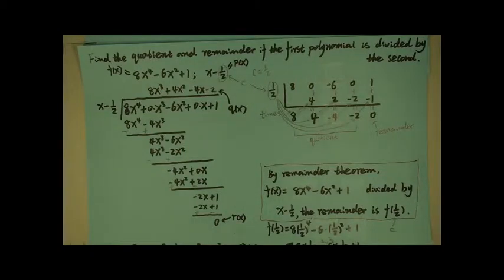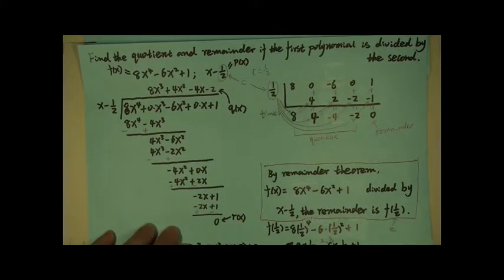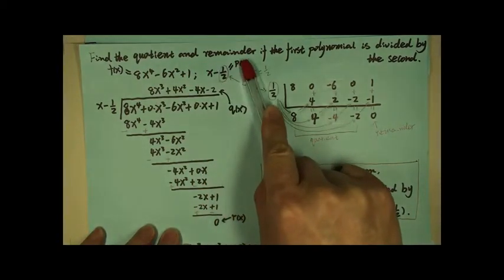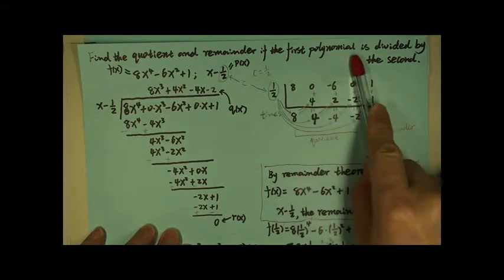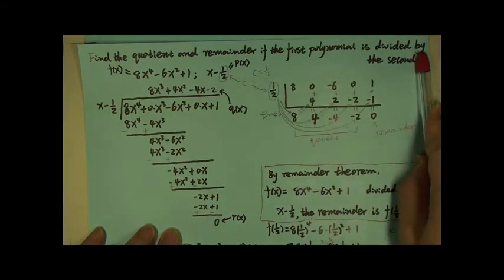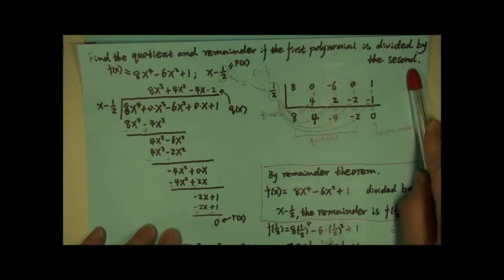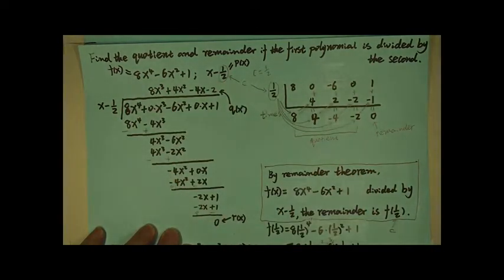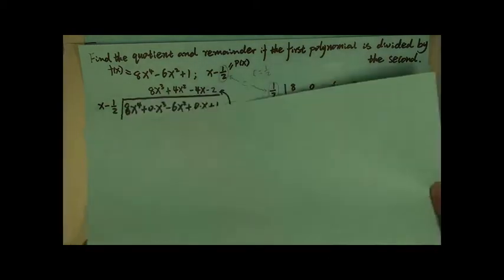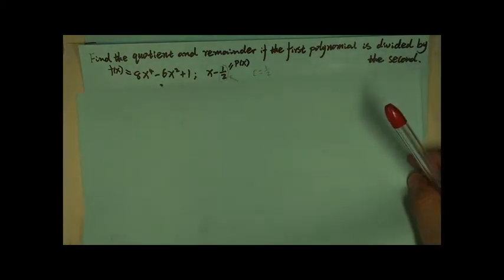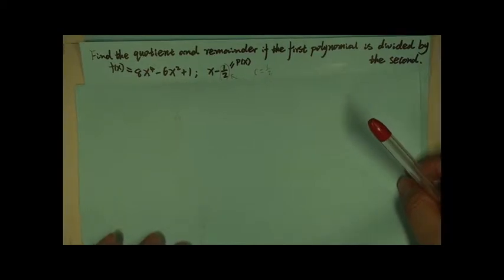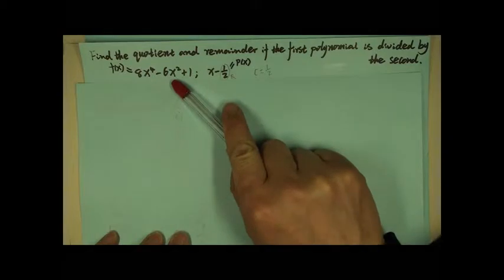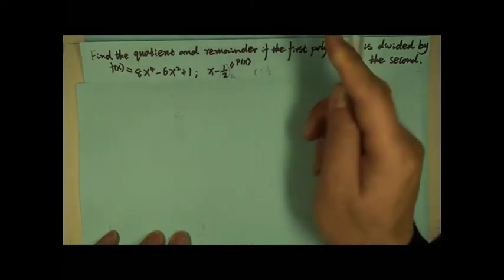Now, let's look at this example. Find the quotient and remainder if the first polynomial is divided by the second. The first polynomial is f of x equals 8x to the fourth minus 6x squared plus 1.